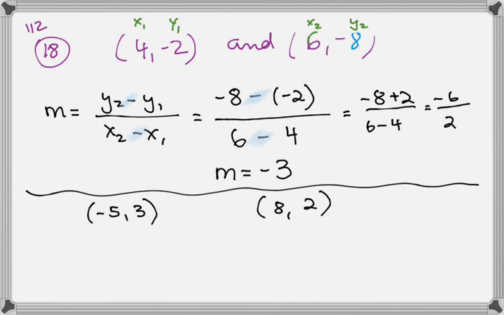Again, if you want to label them, go right ahead: x1, y1, x2, y2. Okay, guys, if you have a slope, type it in online. Everybody still awake? We're going to find it here as well.